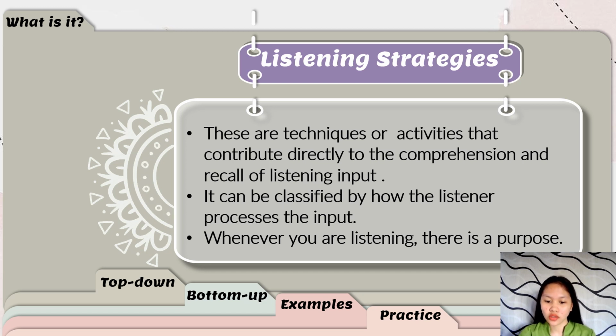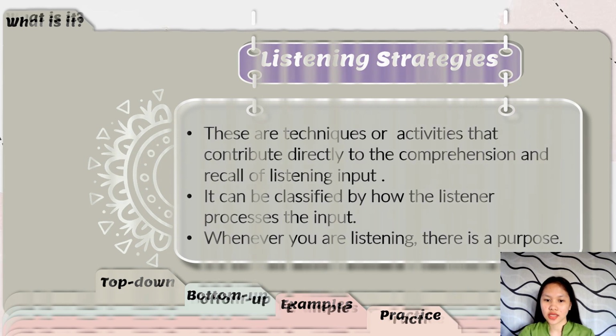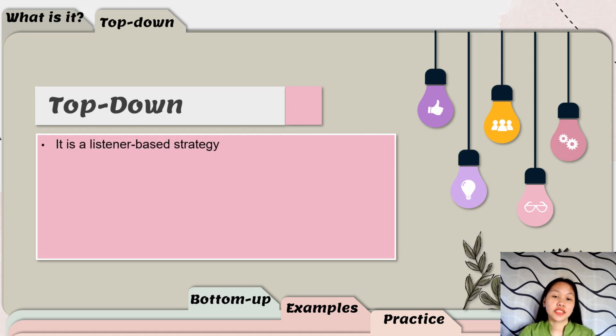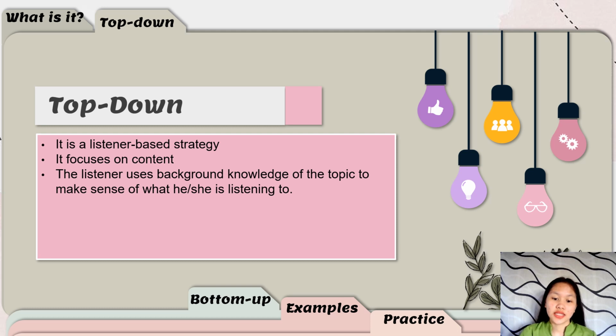Now let's move on to the two strategies. The first one is top-down strategy. It is a listener-based strategy. It focuses on content. The listener uses background knowledge of the topic to make sense of what he or she is listening to.